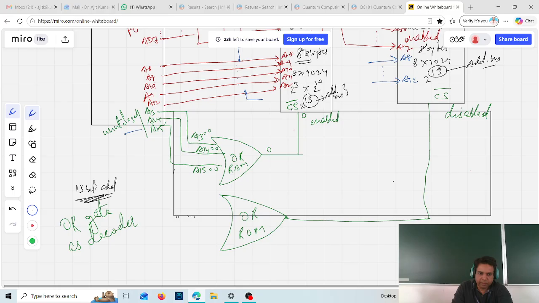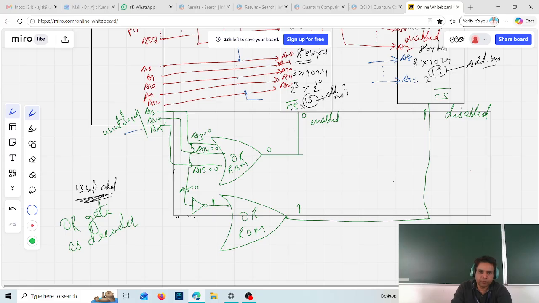So you bring the same A13 here, connect one NOT gate. So when A13 is 0, the output of this NOT gate will become 1. And you know that if any one of the inputs is 1, then the output will become 1. And so here 1 will come, and so this will be disabled.